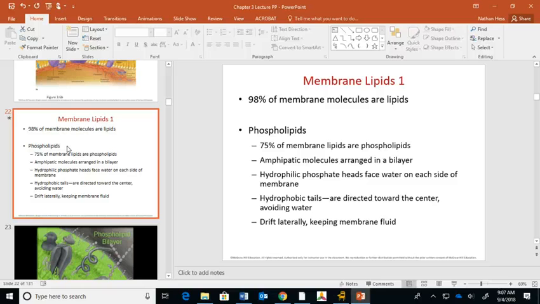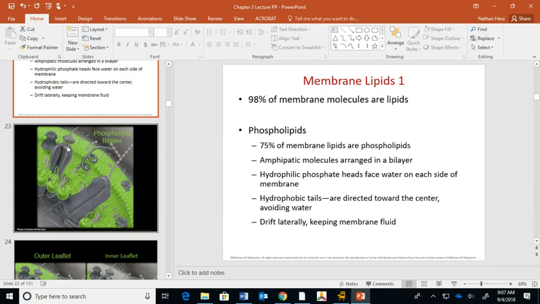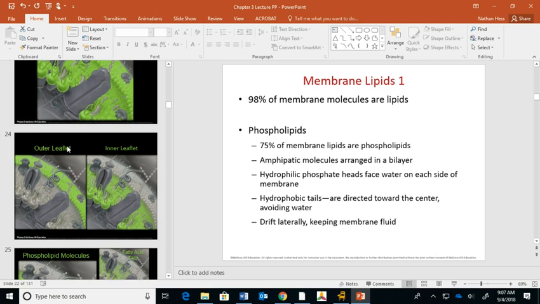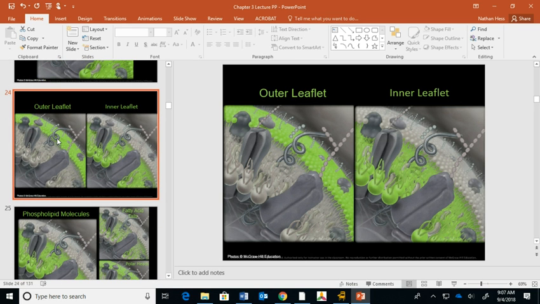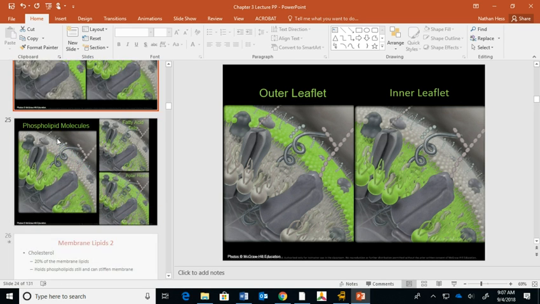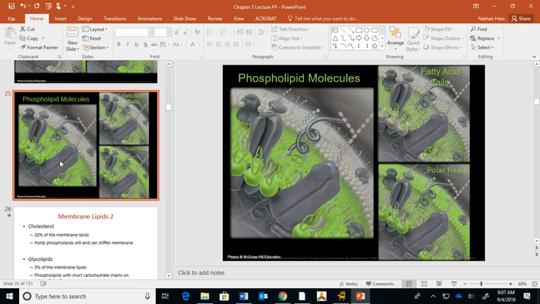And of course, we talked about hydrophilic and hydrophobic, the heads being hydrophilic and the tails being hydrophobic. So they're moving water out and water in, keeping it out, keeping it in. They're zooming in. That's what these green things are showing you, the specific pieces zoomed in on it.